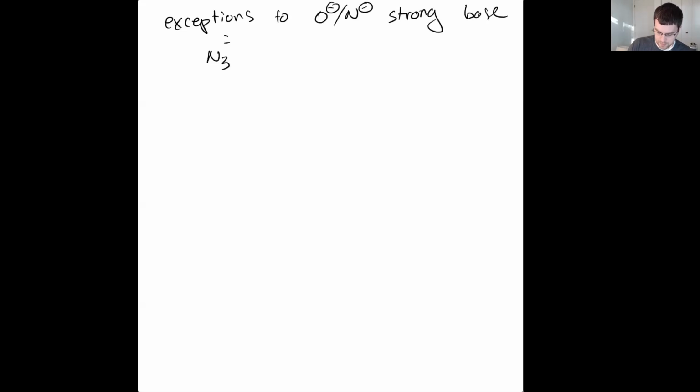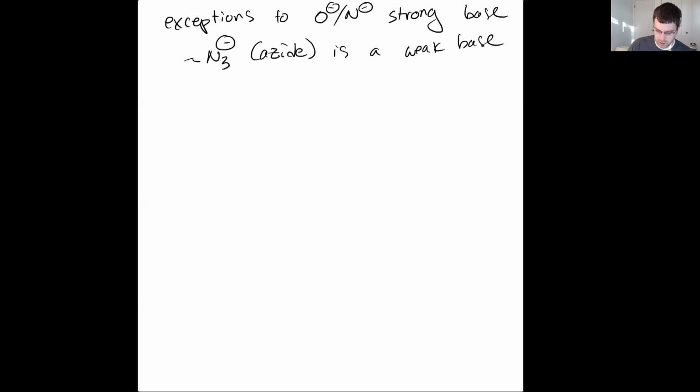So what about, there are some exceptions to the O minus, N minus strong base, and they are N3 minus, this is azide, is a weak base.